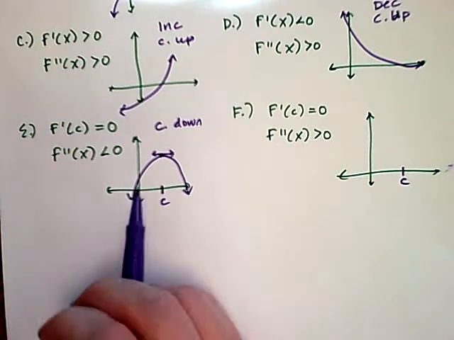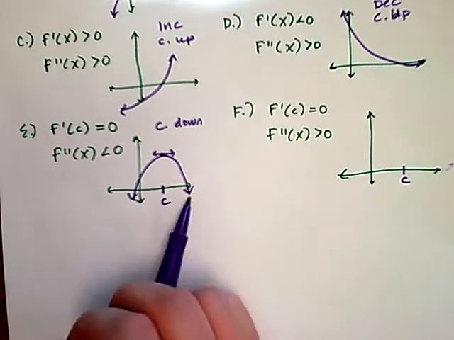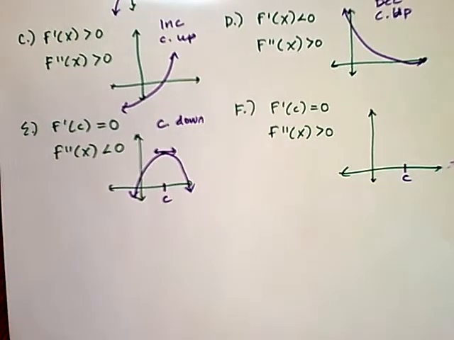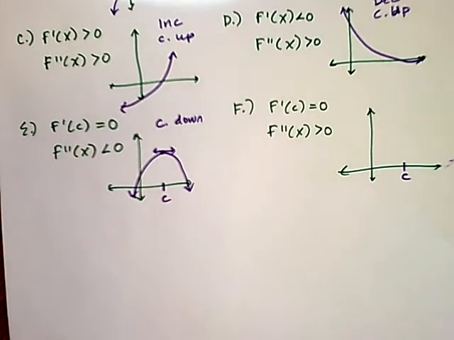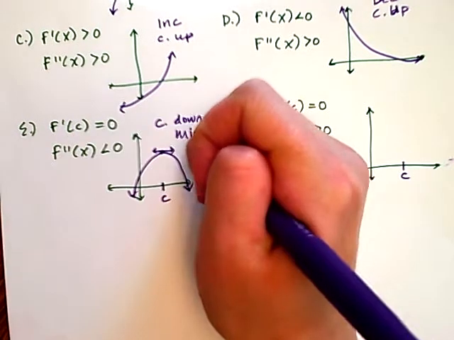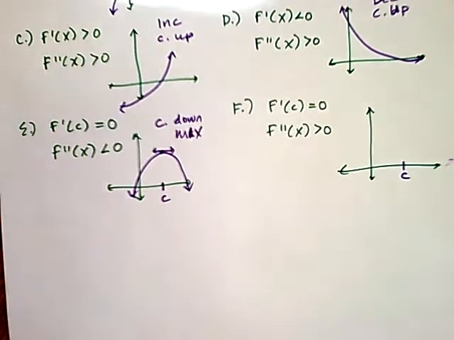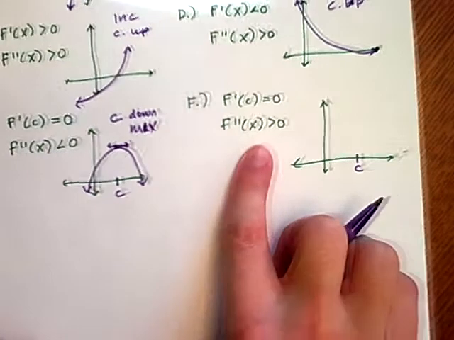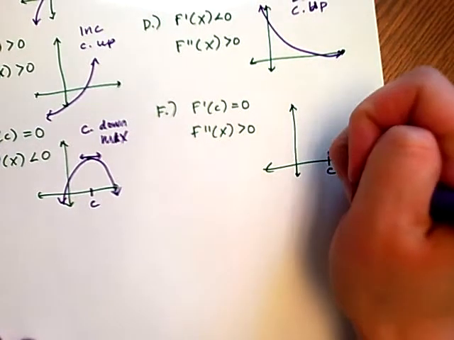I have to curve it so it's concave down, but also make the peak be at c. That means this is a minimum. Oh, sorry, a maximum.